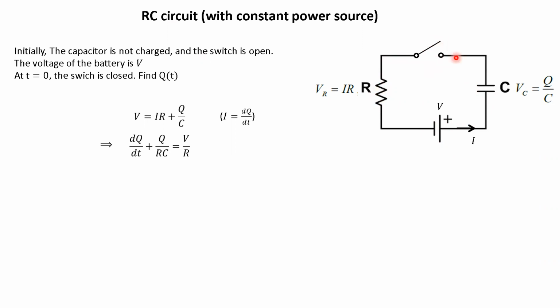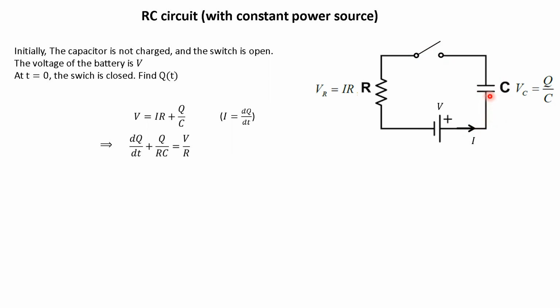First, what I want to set up is that with this circuit, initially this capacitor is not charged, so the Q on this capacitor is 0. Once you close the switch, the current will flow to the capacitor.